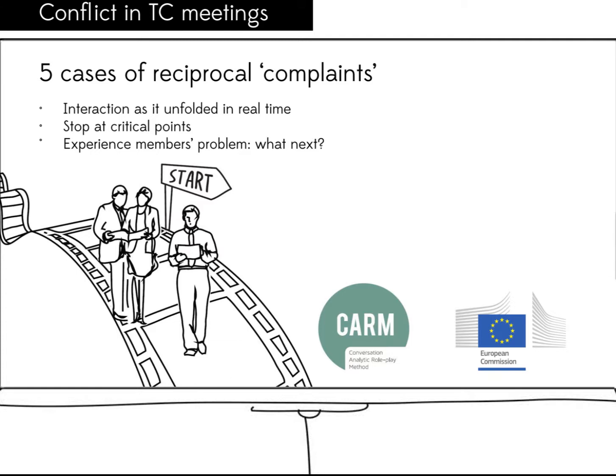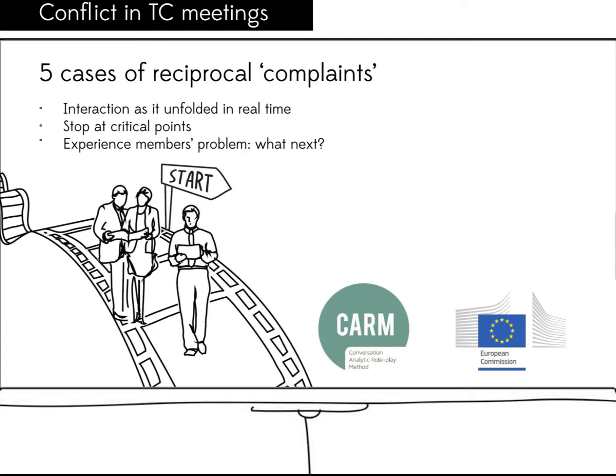And so we are going to live through their experience in real time, in a way, as if we were there, and I will stop the clips at critical points where something happens. A conflict is about to emerge or has emerged, and then we will have a think about what we would do in those circumstances, and so we will experience effectively the group member's problem, which is, so what do I do now?